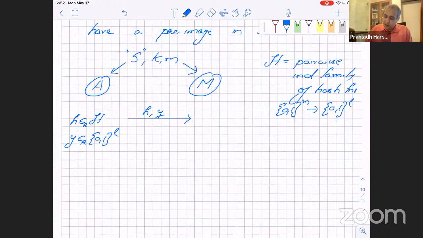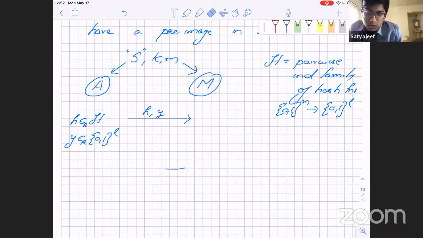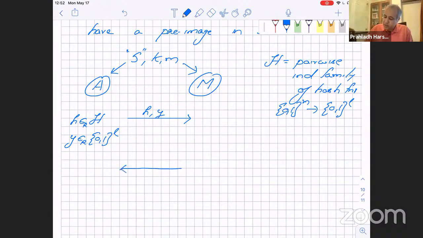Now the prover needs to send a pre-image, that is, H inverse of Y, an element of S. So the verifier accepts if, firstly, H of s has to be equal to Y. But how does he know s is in capital S?